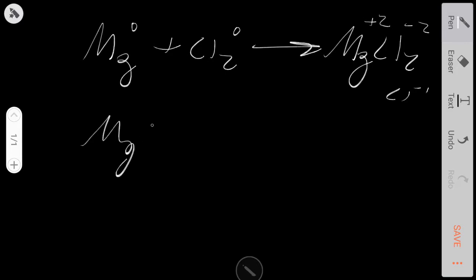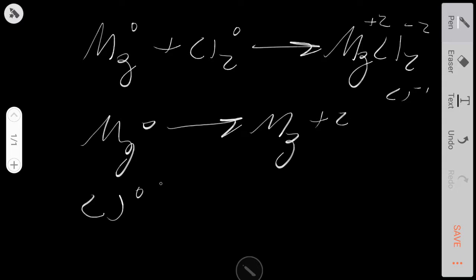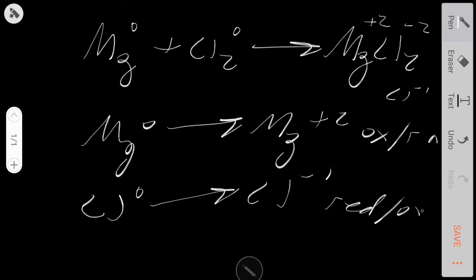So magnesium went from 0 to +2, and chlorine went from 0 to -1. If magnesium went from 0 to +2, it was oxidized, and that means it's my reducing agent. Chlorine went from 0 to -1, which means it was reduced, and therefore it is my oxidizing agent. So the answer for number 4 is D, as in dang.